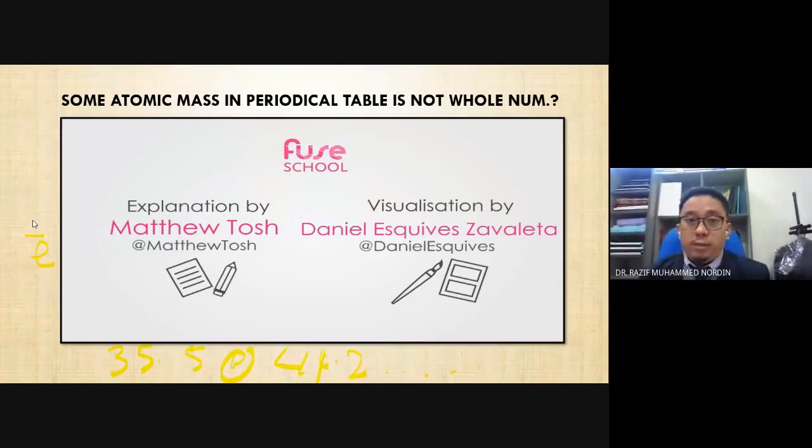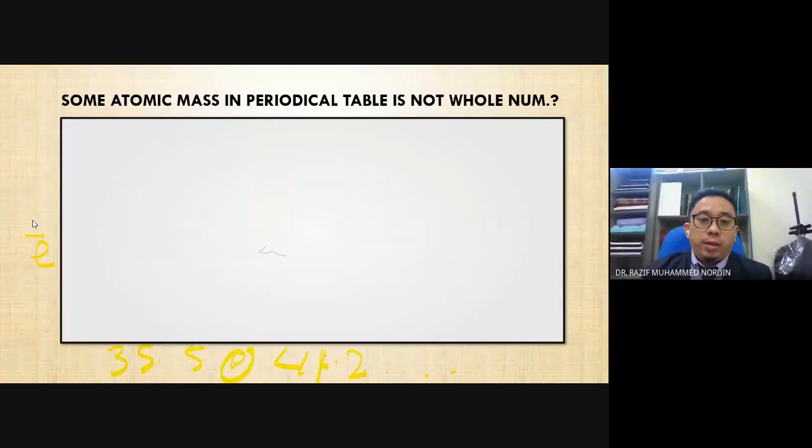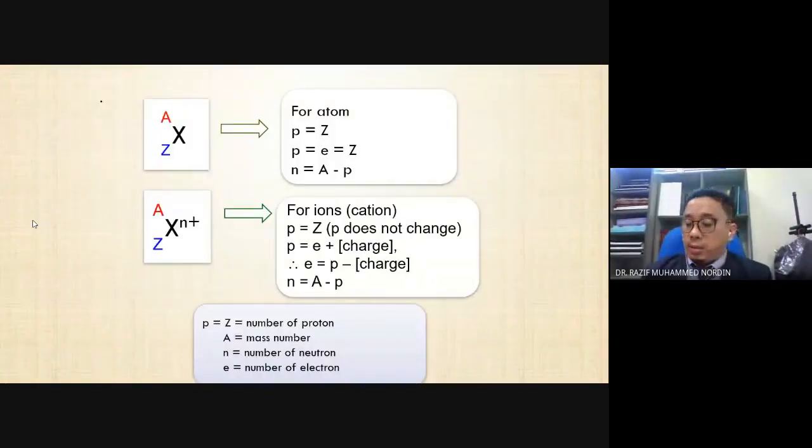That means you can shoot the electron over here, but then suddenly you want to change the direction.